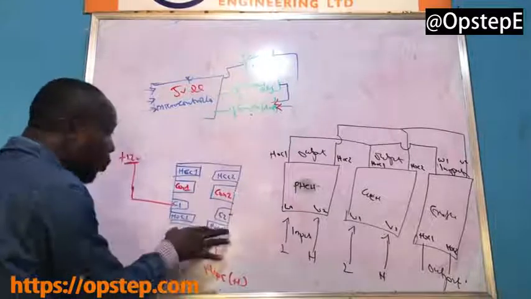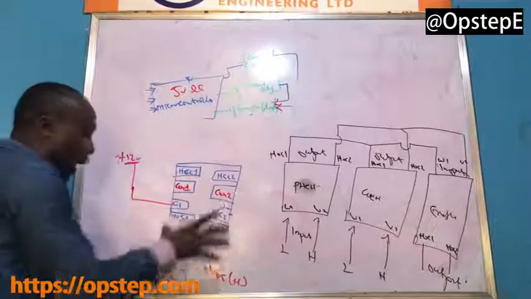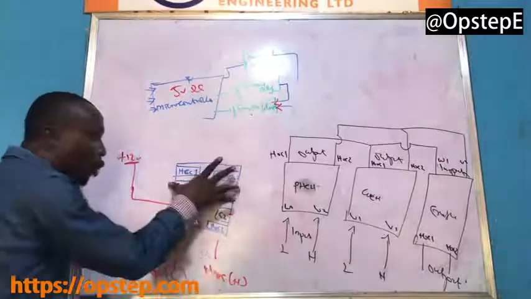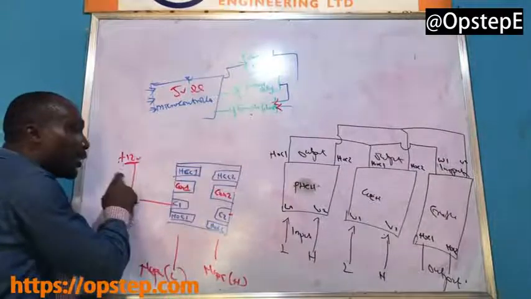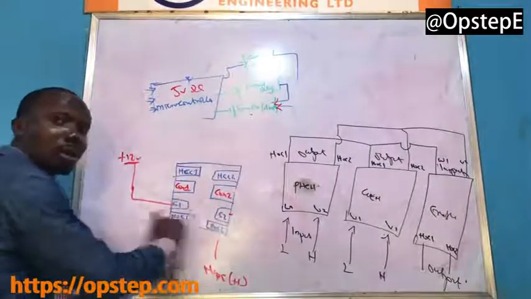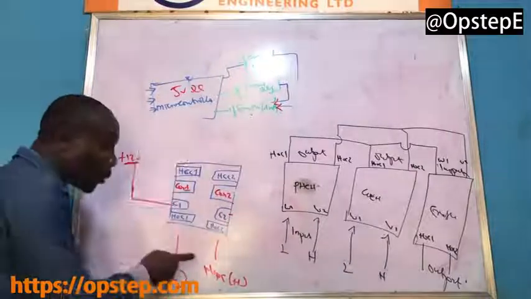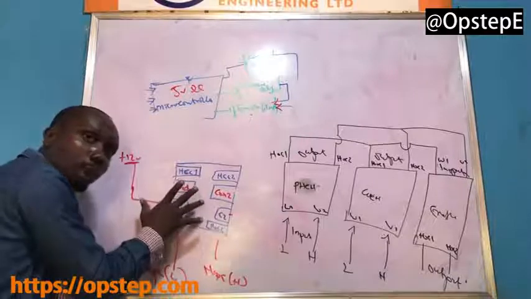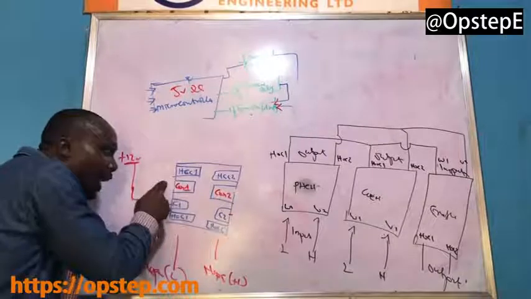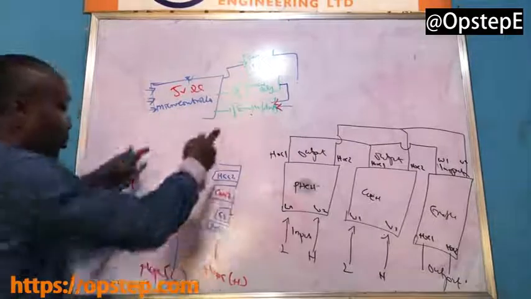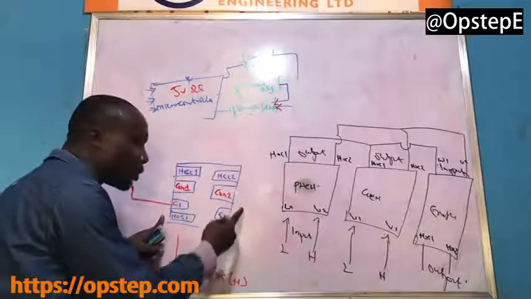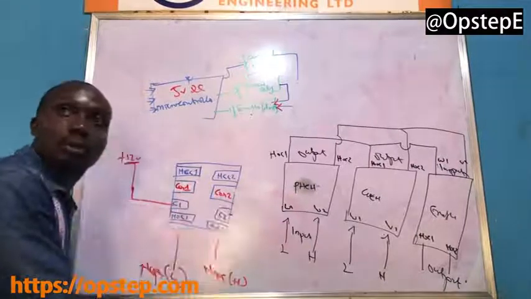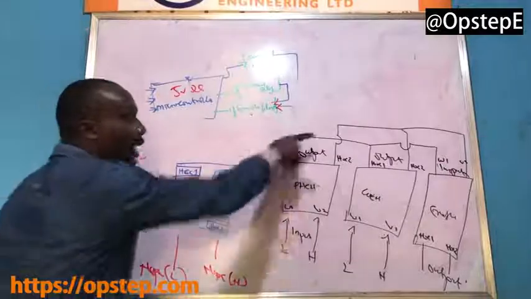What it means is that if you put a bulb across here and you fed live and neutral to the common, and this coil is not energized, the bulb is going to be off. The moment the coil is energized with 12 volts, the live and neutral that is here is impressed on normally open contact 1 and normally open contact 2, and that bulb comes on. So this is how it's connected.